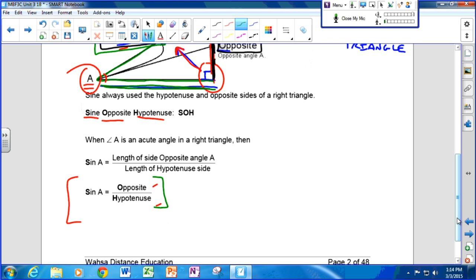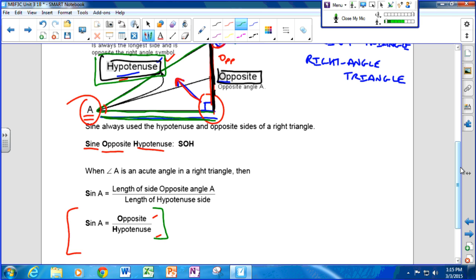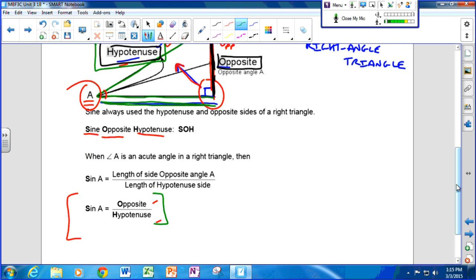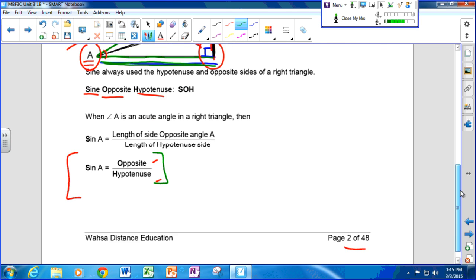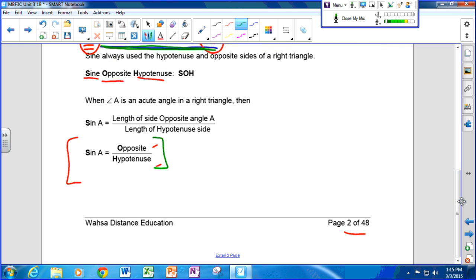So now, the way this works is that the sine ratio, the length of the opposite side divided by the length of the hypotenuse, is just a ratio. It's just a number. But you could make a table which relates that ratio to the angle A. You can actually make a table, and the sine button on your calculator has such a table.